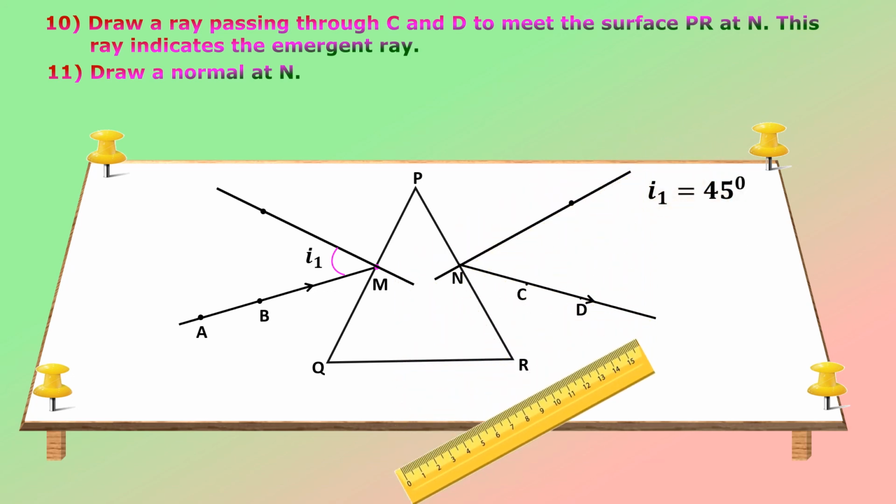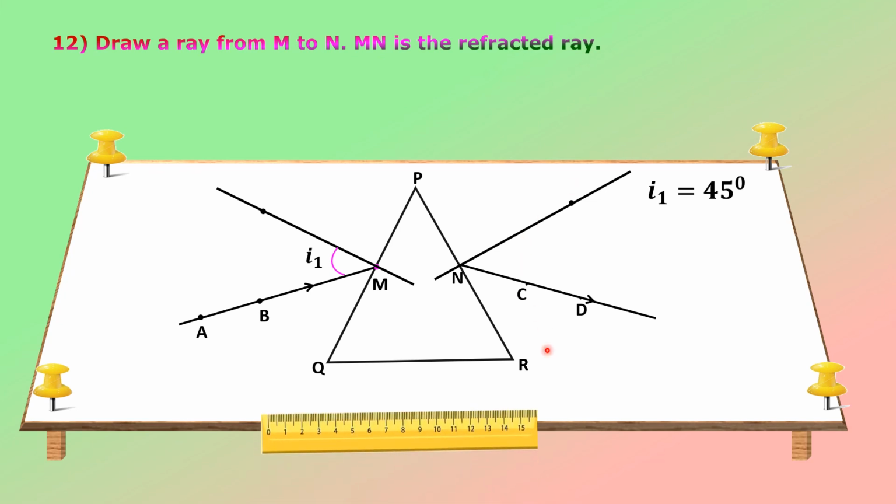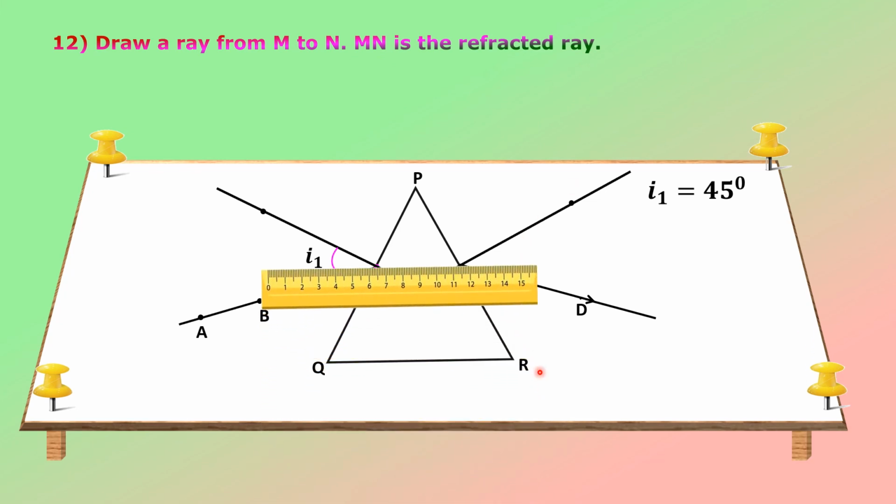Let us join the points M and N. Draw a ray from M to N. And MN is the refracted ray. Here I am joining M and N.